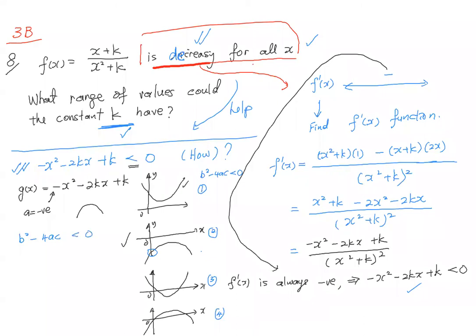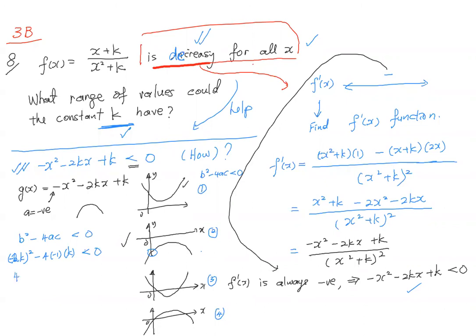So now I put down my b, negative 2k, squared, minus 4ac, must be less than 0.